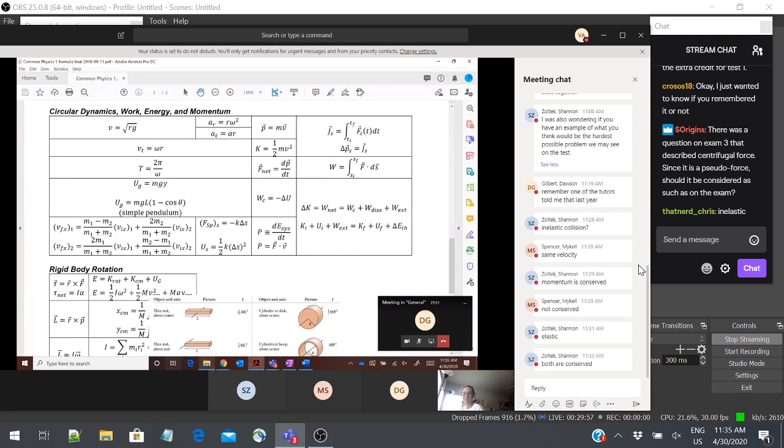Okay. Look at all these beautiful equations. Ideally, you should know what every single one of these is for and when to use them. If you don't, I advise you doing that before the test. What's with that?